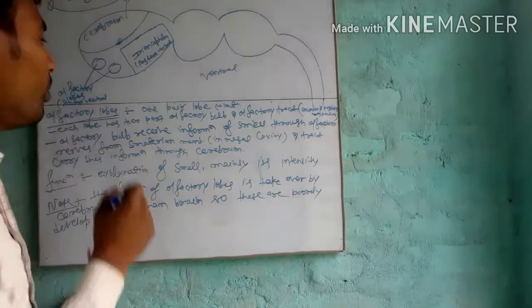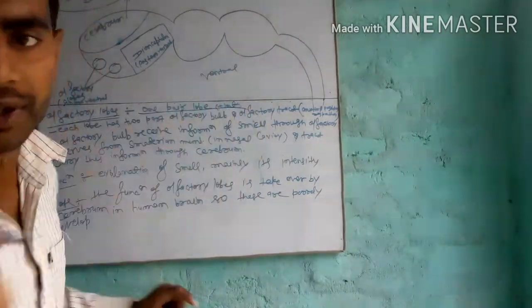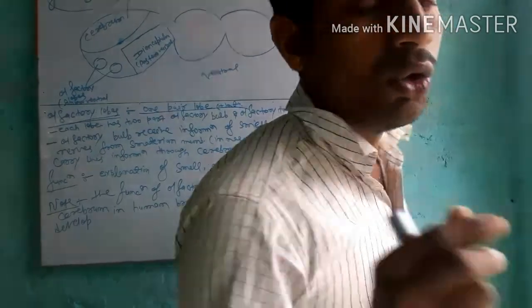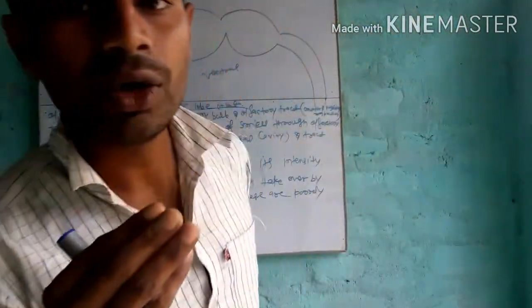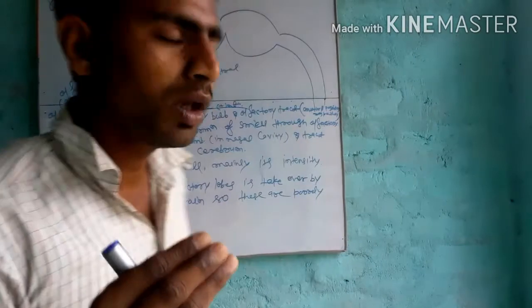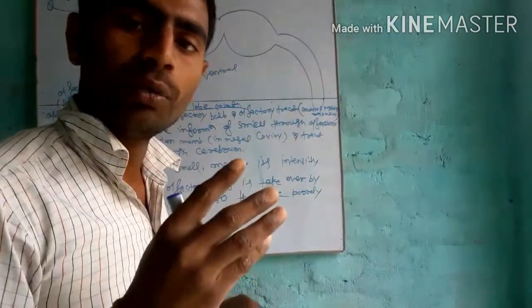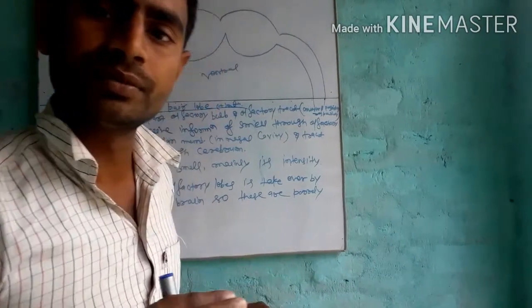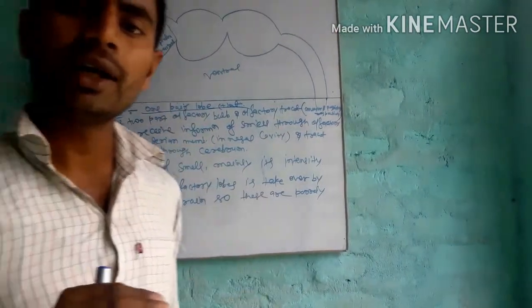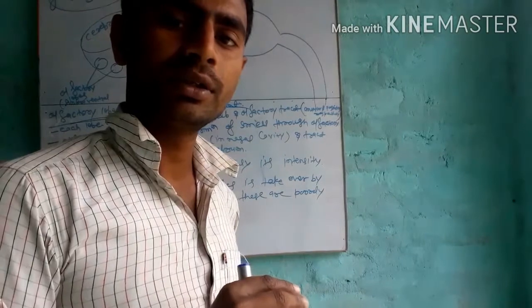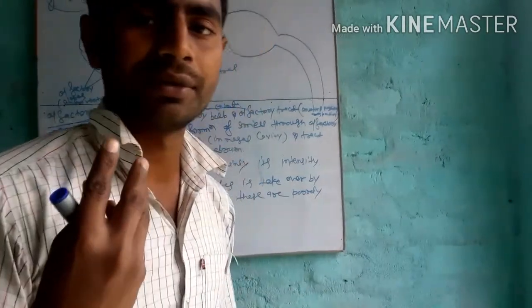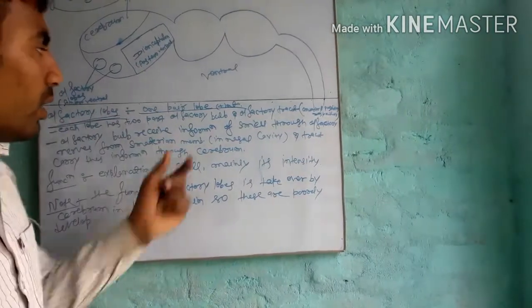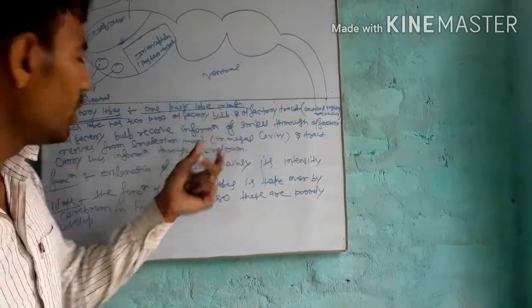Here the olfactory lobes are one pair. The role of the olfactory lobe in humans is replaced by the cerebrum, which means the olfactory lobe is poorly developed in humans.